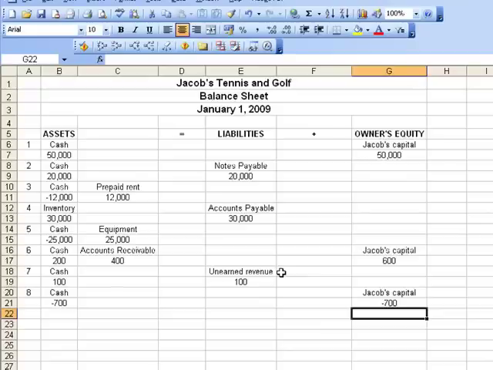How will we recognize that? Again, it's important to note which accounts have been reflected by this transaction. So let's assume that Jacob's Tennis and Golf's office space utility expense was 120, and we decided not to pay it immediately, but we have a liability.